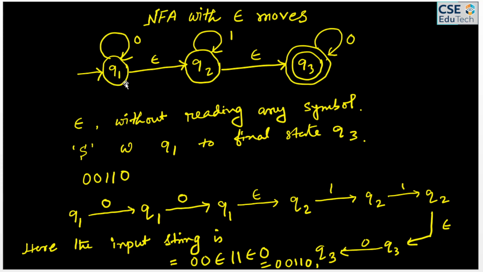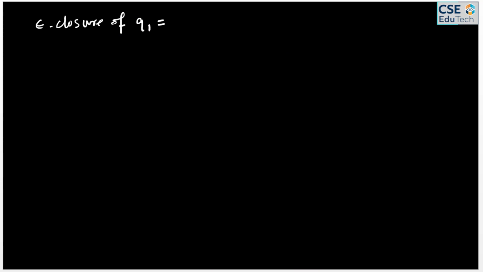So from Q1, through epsilon moves only, we can reach Q2 and Q3. And lastly, we have to include the state itself. So the epsilon closure of Q1 will be Q1, Q2 and Q3.